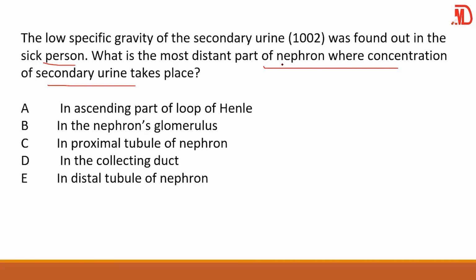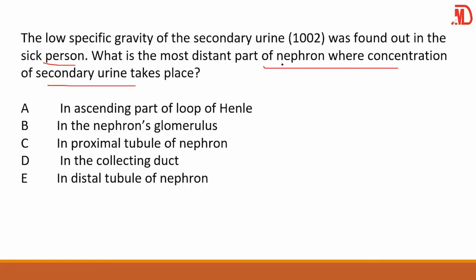So over here, we are talking about what? The collecting duct. That is where secondary urine takes place. Meaning at that point in time, everything that needs to be reabsorbed has been reabsorbed already.